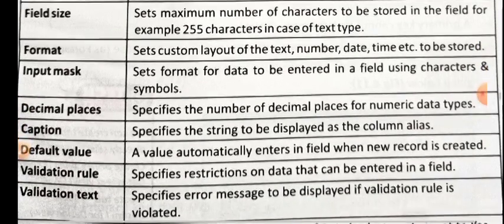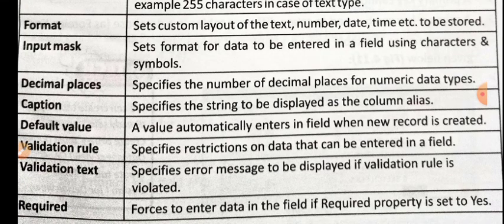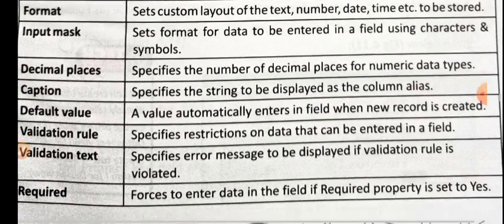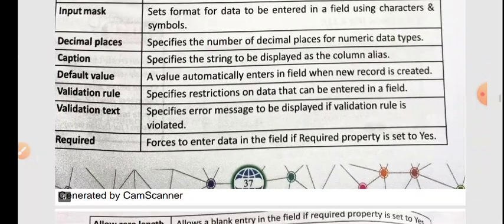If you want to store any default value, then you can write it also. What is the validation rule? A validation rule means you can say that you cannot enter data that is less than 10 or greater than 20. So these are the validation rules that you can also provide in your table while you are creating the table.